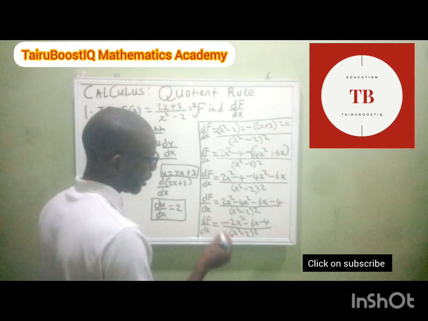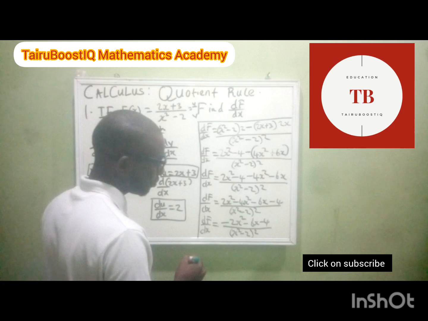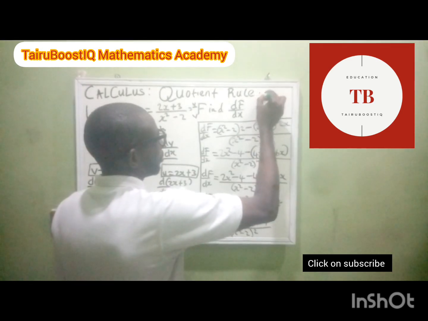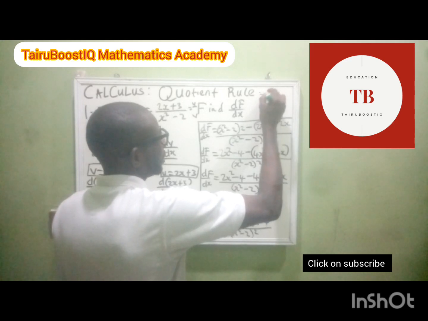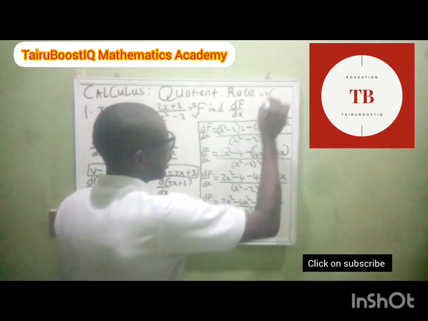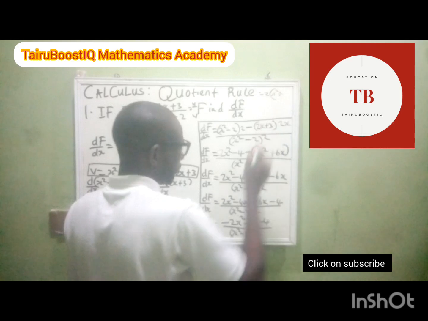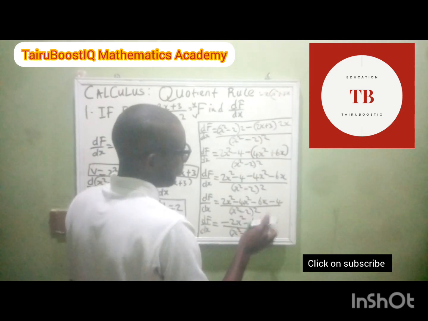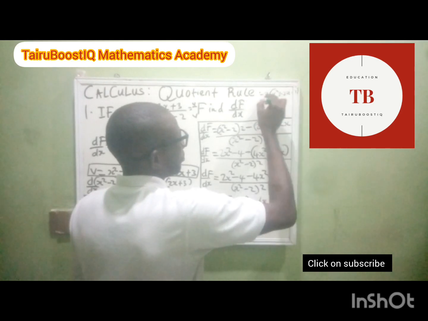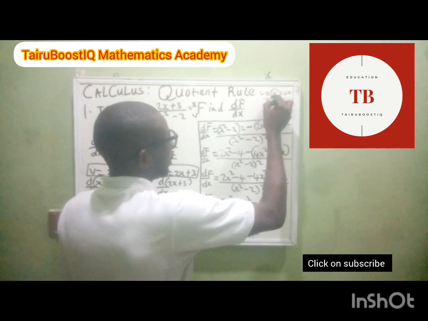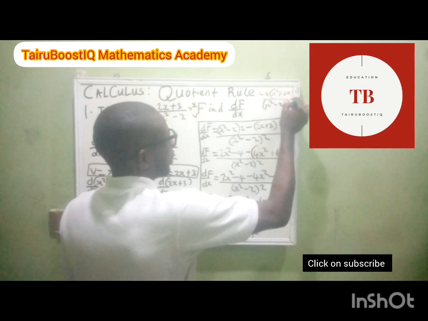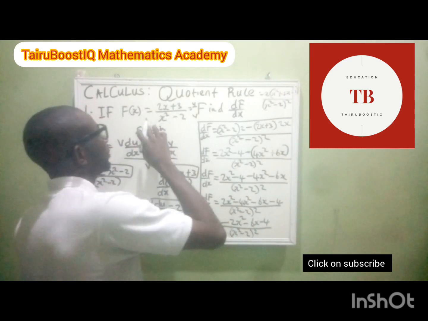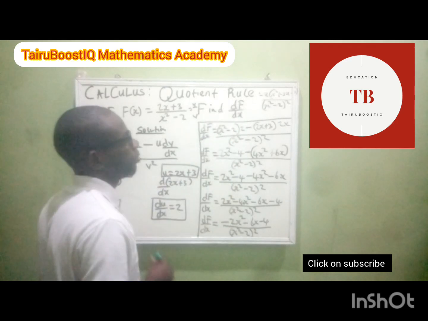You can decide to leave your answer as minus 2 outside, then x squared plus 3x plus 2, all over x squared minus 2 all squared. When you do that, you will have found the derivative df over dx.